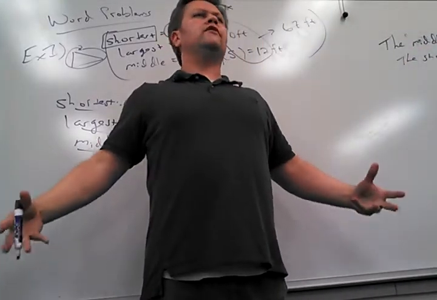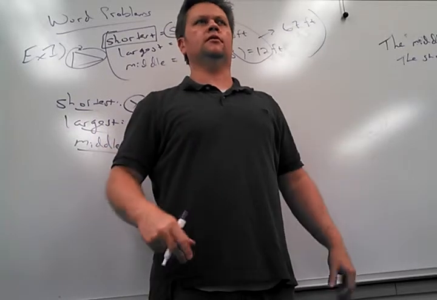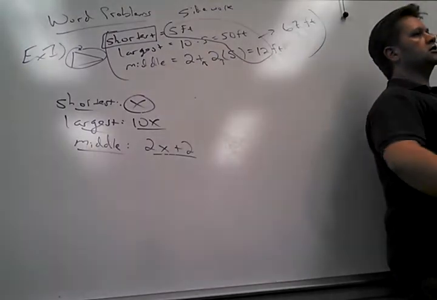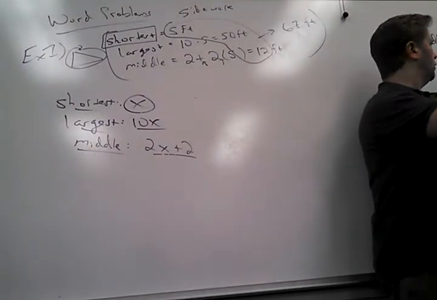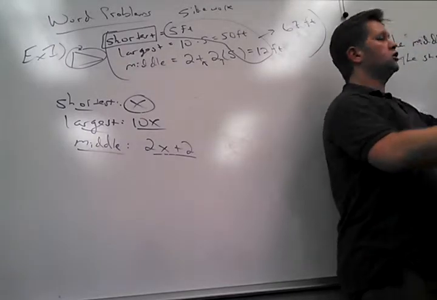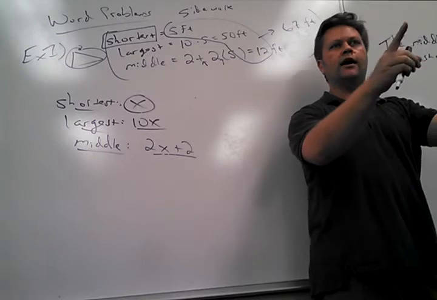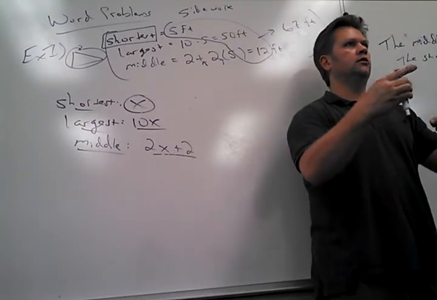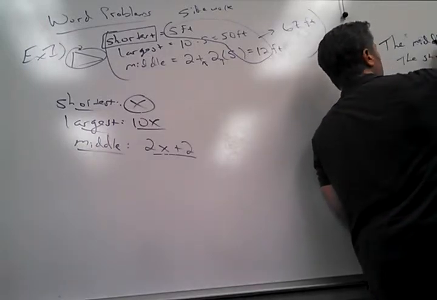Who do you have to know first? Who does everybody else depend on? The largest one, right? The middle side is half the largest. So if I knew what the largest one was, I know what the middle one is, and I know what the shortest one is because it's 20 less than that. That's how you identify which one is just x. It's the one that's going to get everybody else going. So if I call the largest one x, what's the middle side?